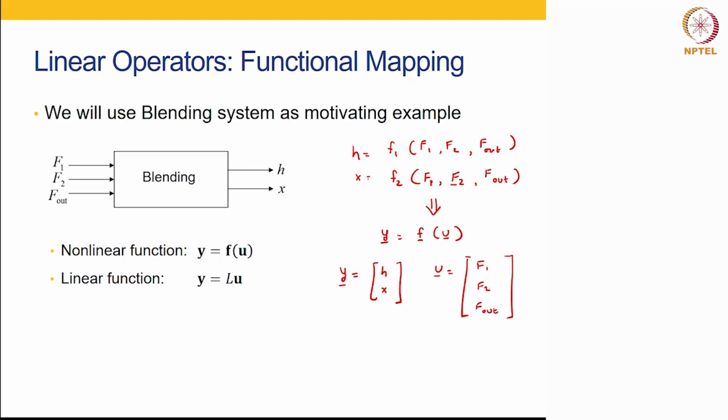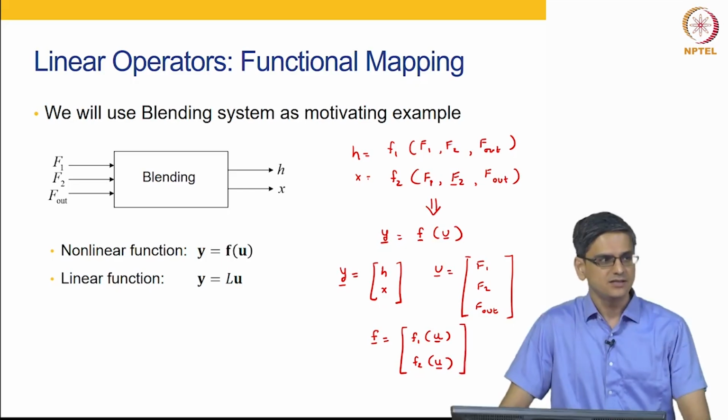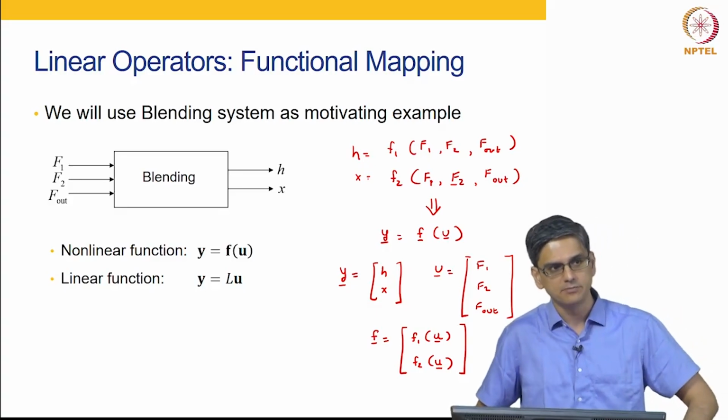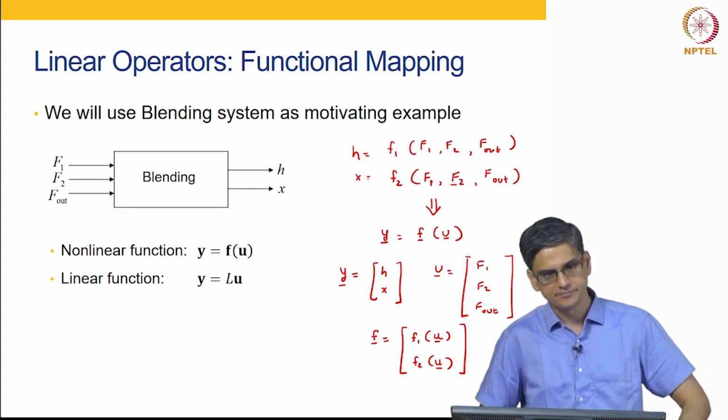And f bar is nothing but f1 of u bar and f2 of u bar. Again, these are things that you have done, you have talked about nonlinear functions and so on. We are now only talking about them in a vectorial sense.